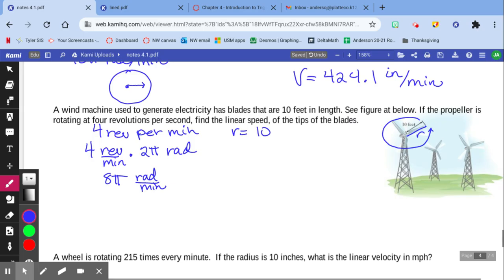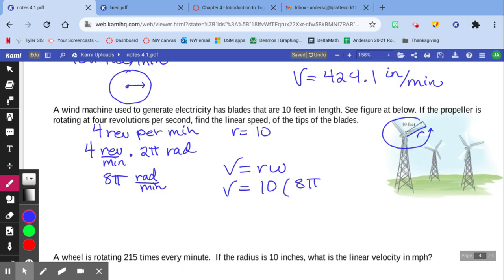It says find the linear speed. So I can go ahead and just input that information in. 10 times 8 pi. I actually put minutes here, and that needed to be seconds, so that's a correction I need to make there. Per second. And this one was feet, and that is radians per second.